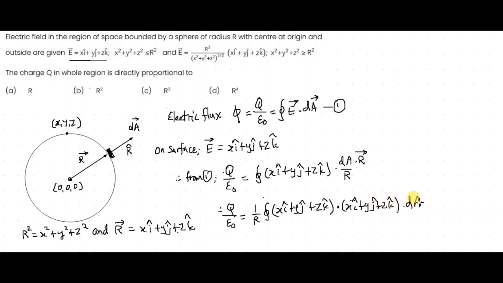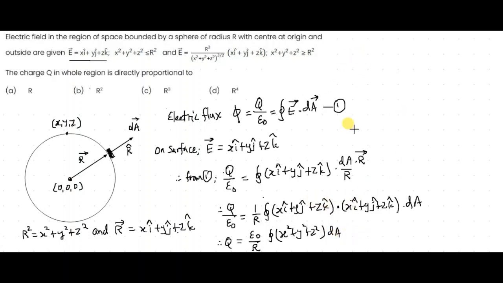So from this all I can get is q is equal to epsilon 0 upon r. This integration is going to give me x square plus y square plus z square, and then dA, right? So this is going to be the value of q.